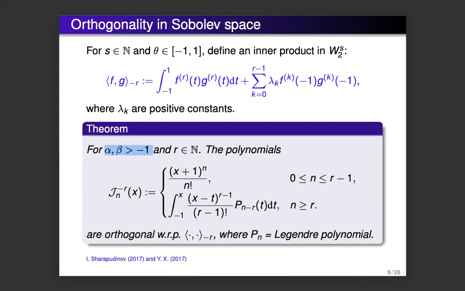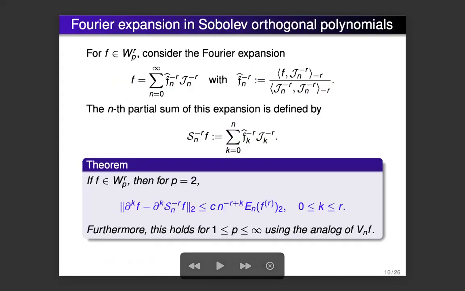And then, of course, for n less than r, you have to replace it by this. This is, in fact, your orthogonal basis, and it was independently discovered in 2017. So here is what's going to happen. This is the key to our answer.